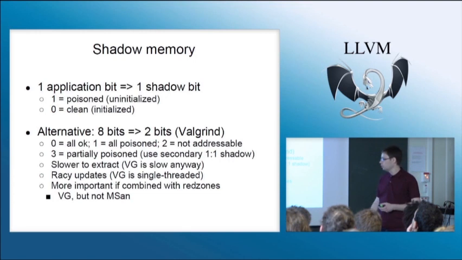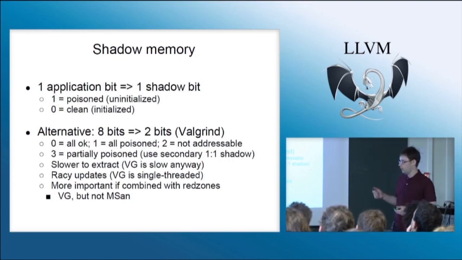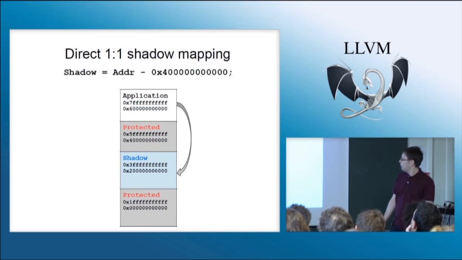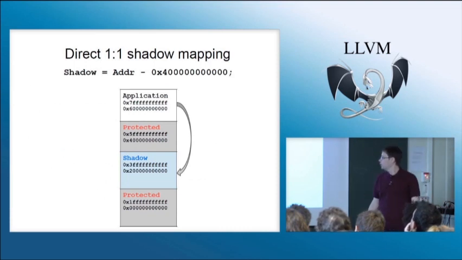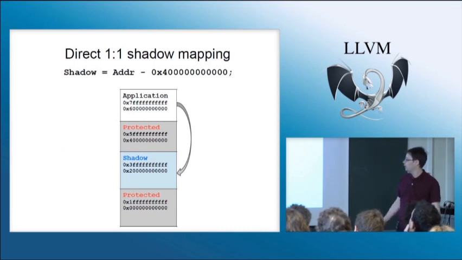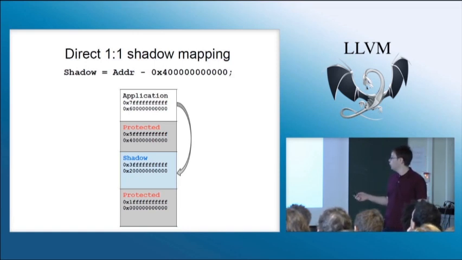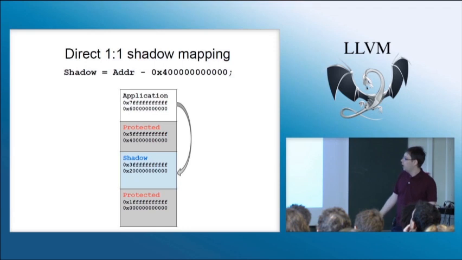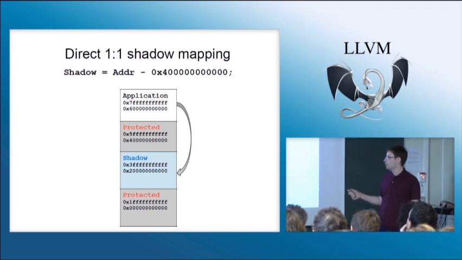Some other tools that do the same have a more compact representation, but this way is faster. Because this is a one-to-one mapping, we have a very simple formula for calculating the address of shadow. We map a fixed location in memory at 0x2, a lot of zeros, and we force all application addresses into higher memory.